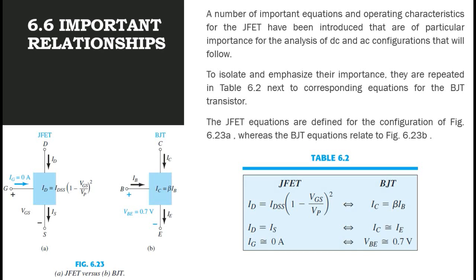We can see here the terminal names, direction of currents, and the equations and voltages. You can also say that table 6.2 is represented in the form of a figure on the left side of the screen.